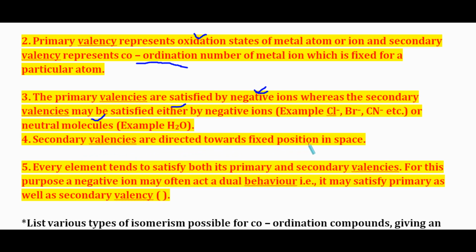Secondary valencies are directed towards fixed positions in space and have a specific geometry. Every element tends to satisfy both primary and secondary valencies. For this purpose, a negative ion may often show dual behavior; it may satisfy primary as well as secondary valencies.